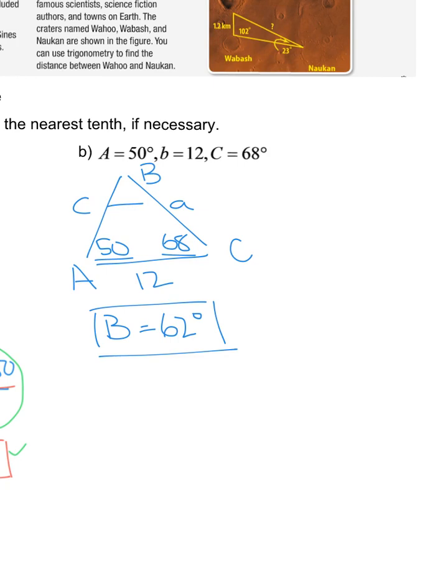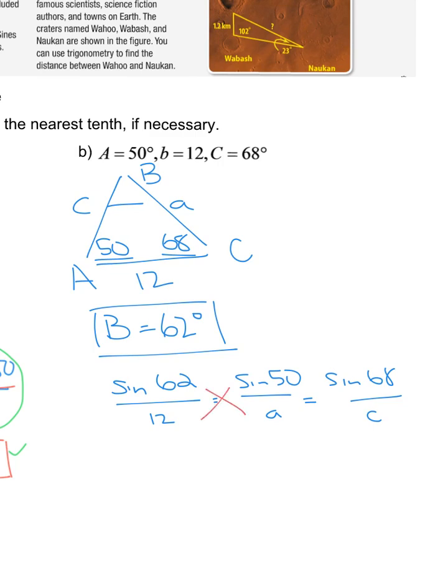Again, all 3 angles in a triangle must add up to 180. So again, that's probably the easiest step. At that point, we can set up law of sines. So we have the sine of 62 over 12 equals the sine of 50 over A, still unknown, equals the sine of 68 over C. Again, we're just going to cross multiply to solve.